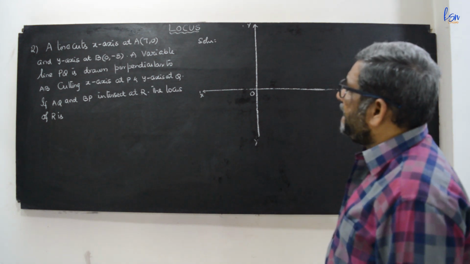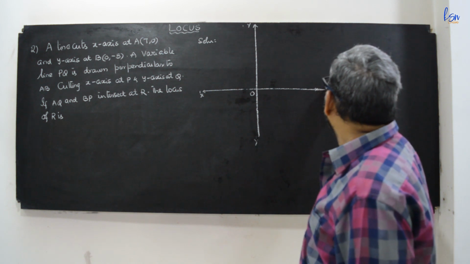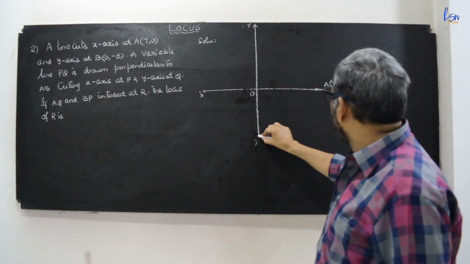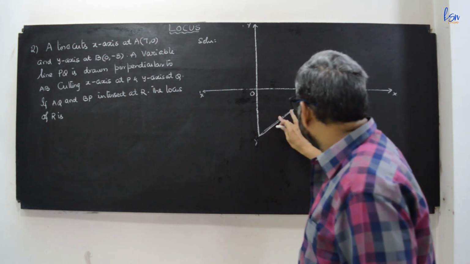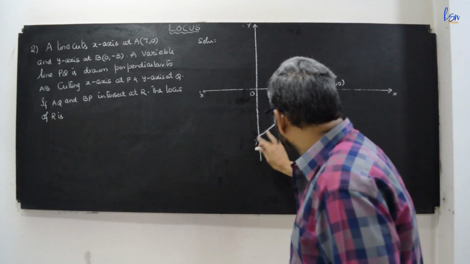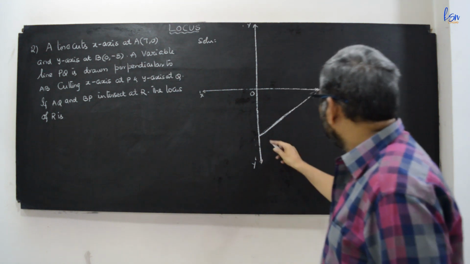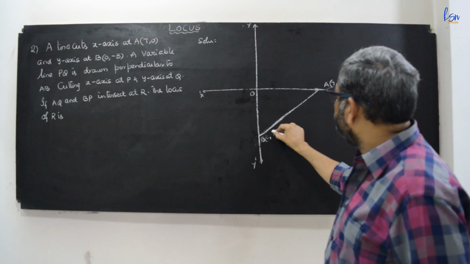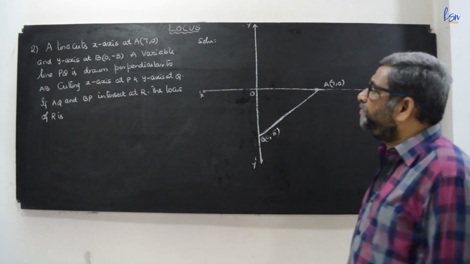A line cuts the x-axis at A (7, 0) and the y-axis at B (0, minus 5). So this is B (0, minus 5).